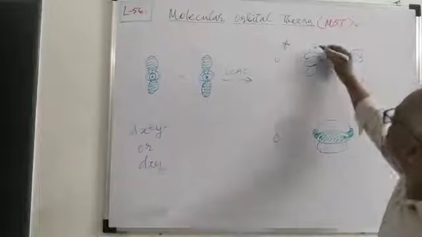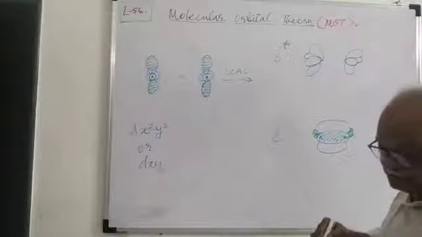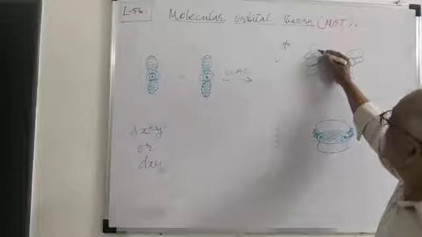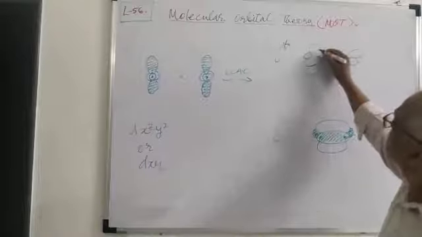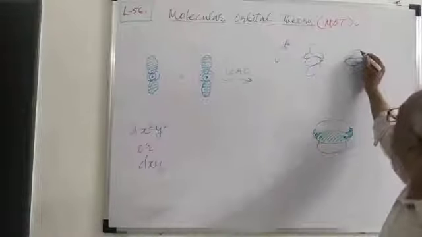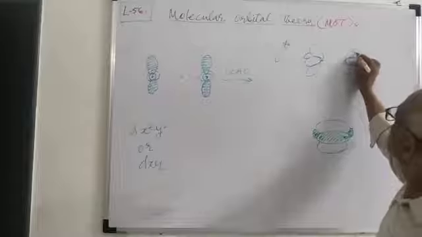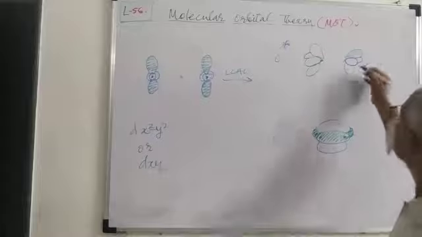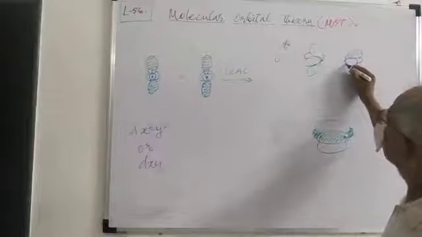So if we say this lobe has a positive sign of wave function, then we can show with shading that this one has the opposite sign of wave function. Similarly, this will also have the opposite sign.